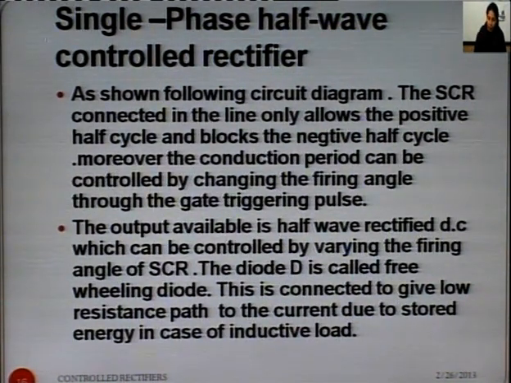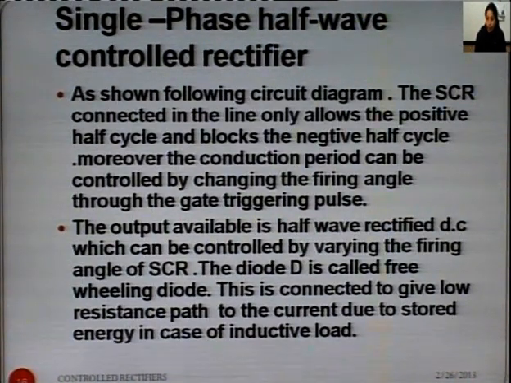Besides the SCR, when we have a load, we sometimes use a freewheeling diode. The function of this freewheeling diode, which is connected in parallel with your load, is to give a low resistance path to the current due to stored energy in the inductive load.